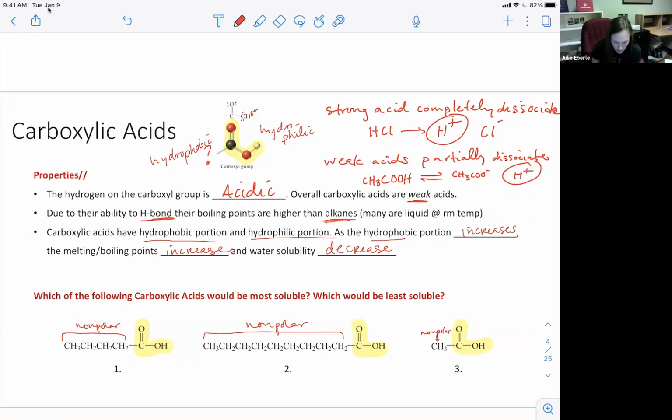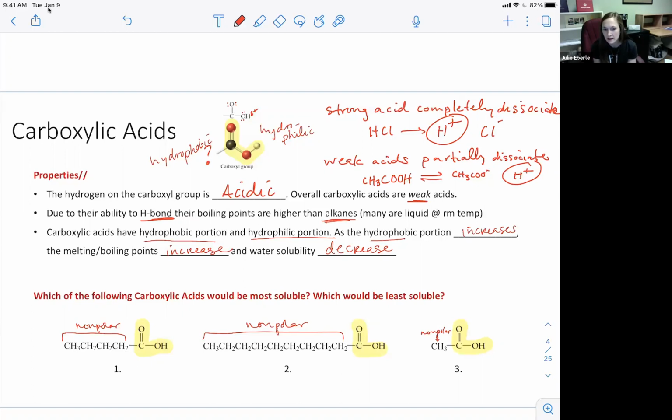So what kind of intermolecular forces occur between nonpolar molecules? Your options are hydrogen bonding, dipole interactions, or London dispersion. London dispersion. Yes, Madison. So consider number 3 and number 2, because number 3 is the shortest, number 2 is the longest.